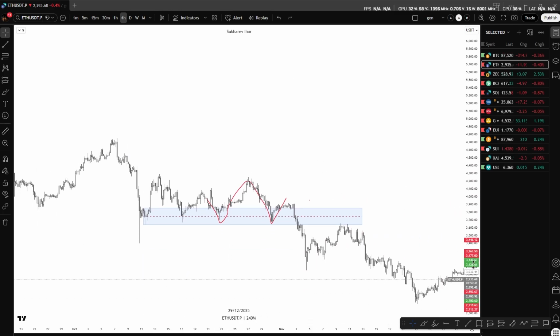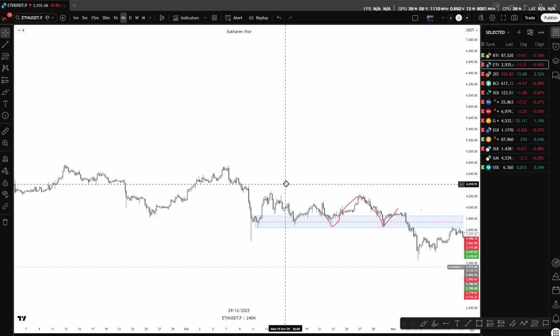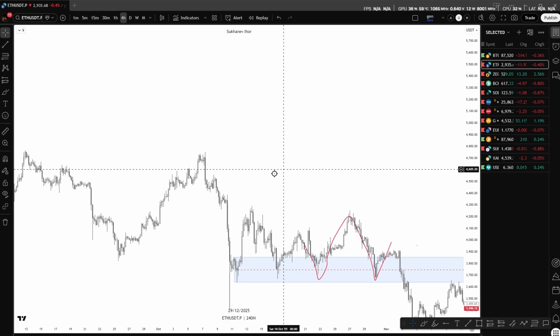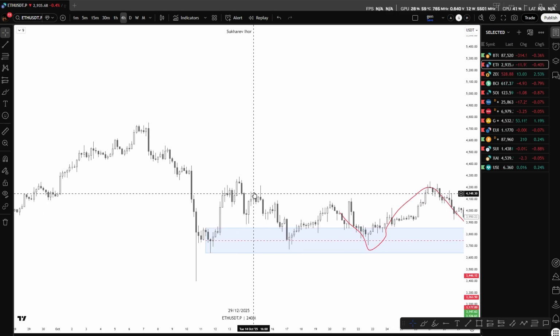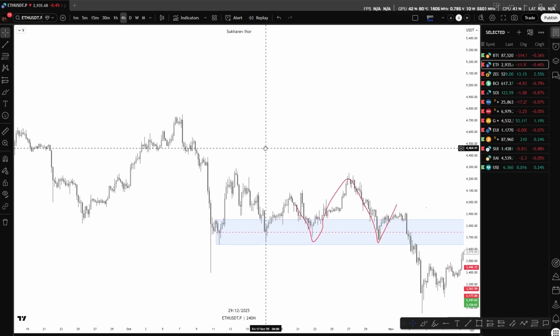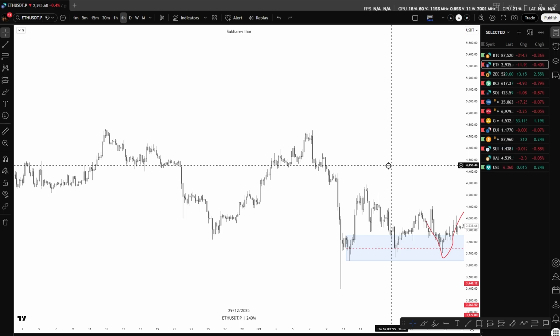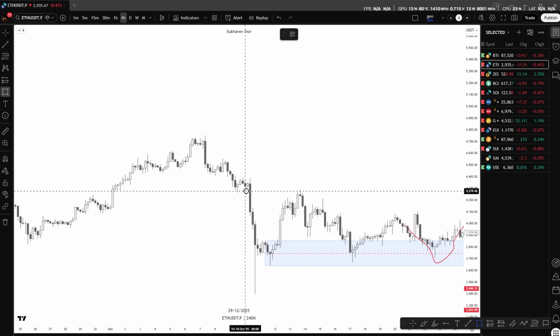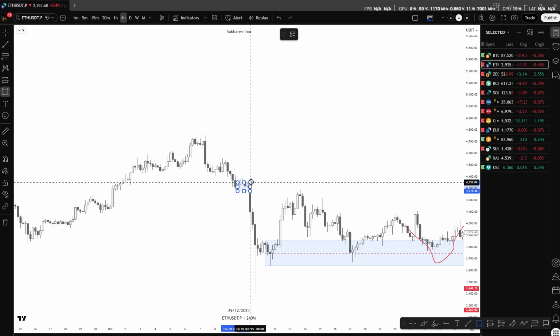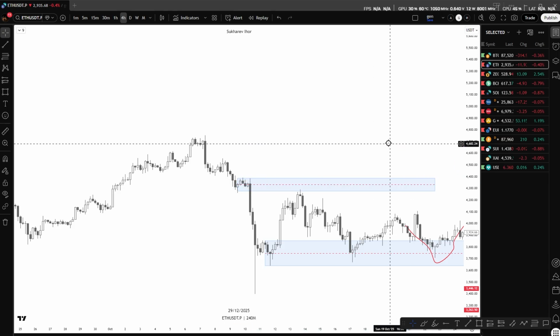So let's try to find some good movements, and maybe this could be a good one. Yeah, I guess for example it's good enough. So the low, I would say, is here, and the high is here.